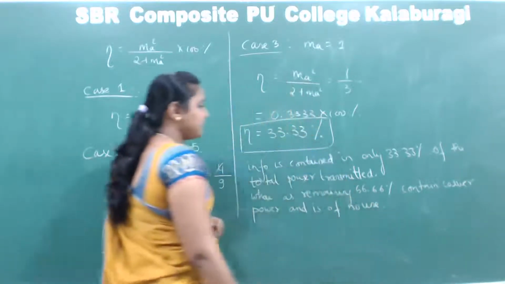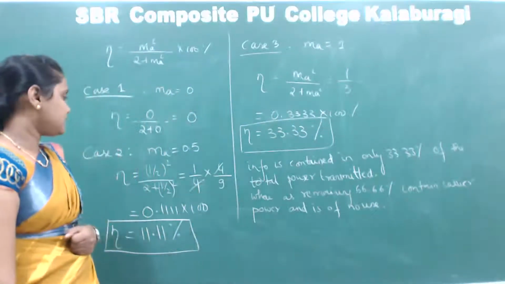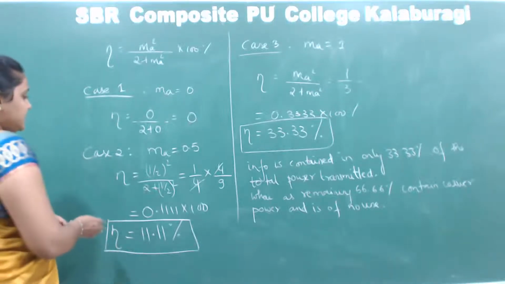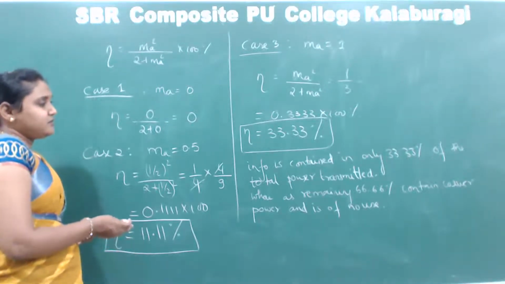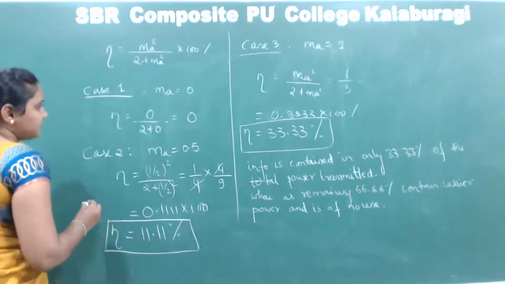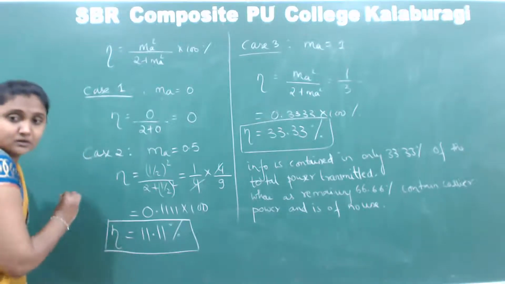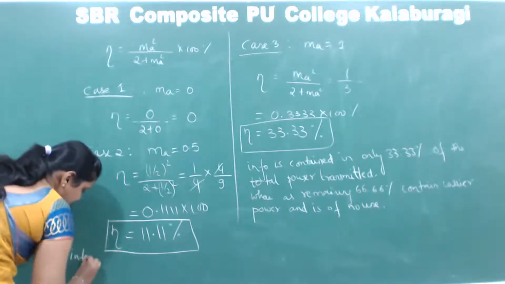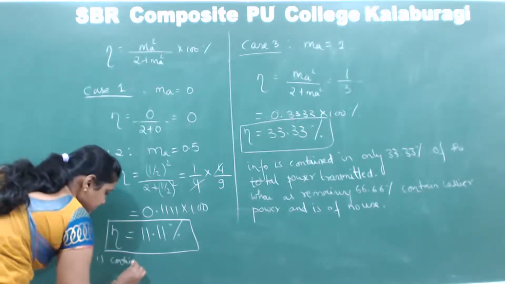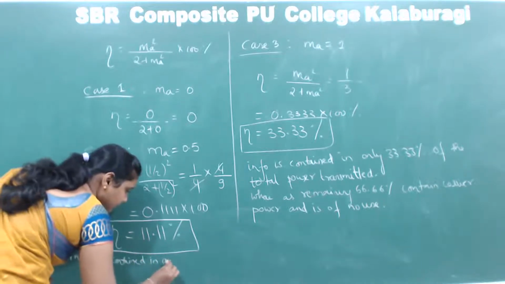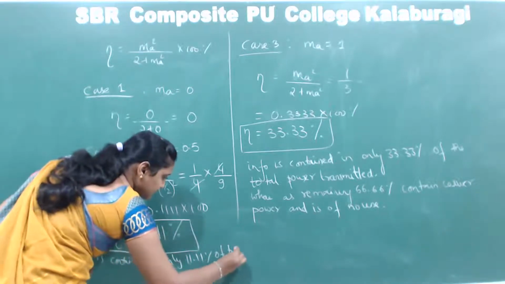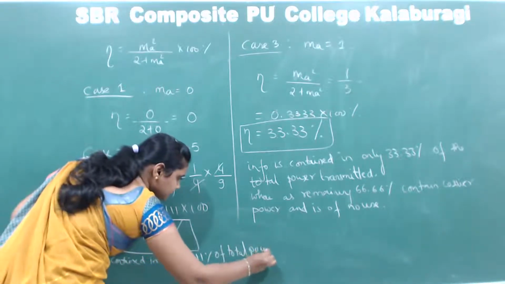Similarly in the earlier case, information is contained in only 11.11% of the total power.